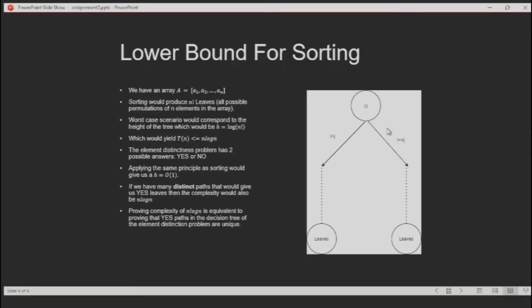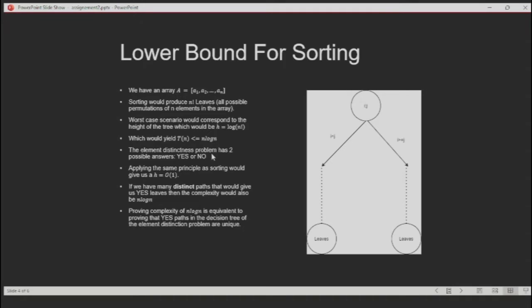So if we gather all possible scenarios, we will have n factorial leaves. And if we want to see what is the time complexity or the lower bound of time complexity of such a problem, we have to see the worst case scenario, which represents the height of the tree, which in this case is log of n factorial. So this would yield a lower bound of n log n for the sorting problem.